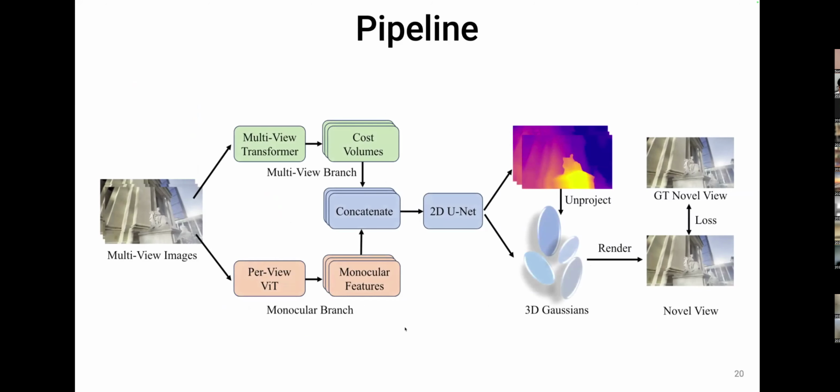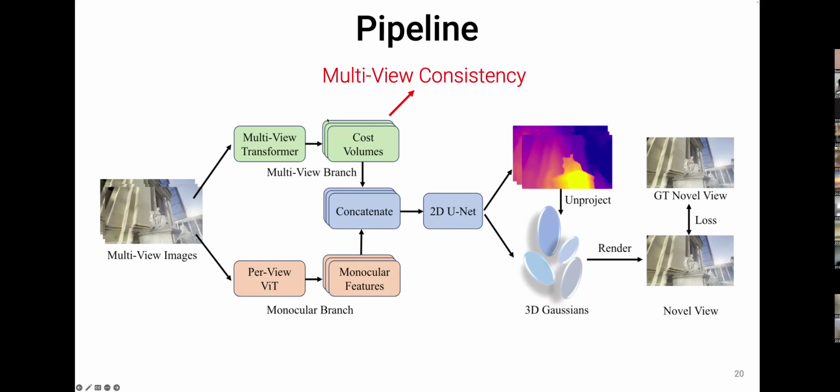Here is the pipeline we use to combine these two things. Given multi-view images with their poses, we have a branch that predicts the multi-view depth. Then we have another branch, the monocular branch, where we take Depth Anything v2 as pre-training, and then concatenate these two sets of features.